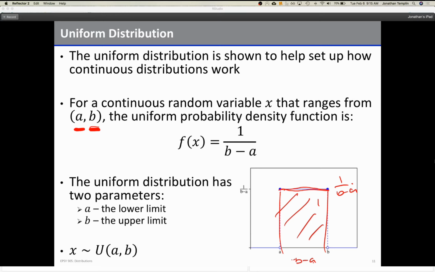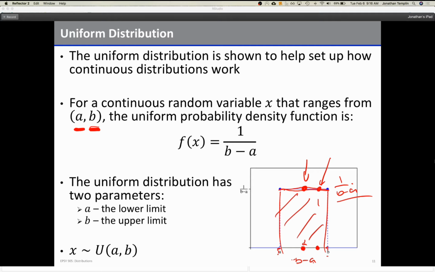So why am I mentioning this? How it works is this. If you have a value somewhere between a and b, let's say right here, and you plug that into this function, the result you get is 1 over b minus a. If you have another value over here, plug it into the function, the height you get is 1 over b minus a. So long as the values you're plugging into the function are between a and b, they will always return the same relative likelihood.